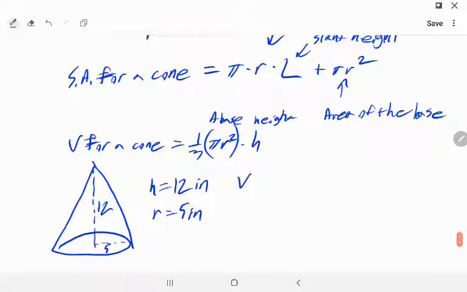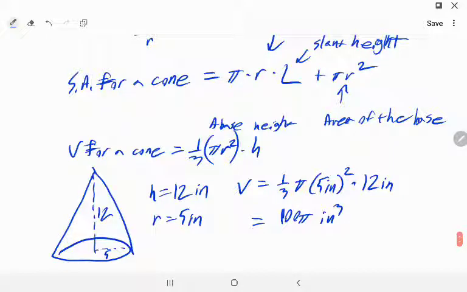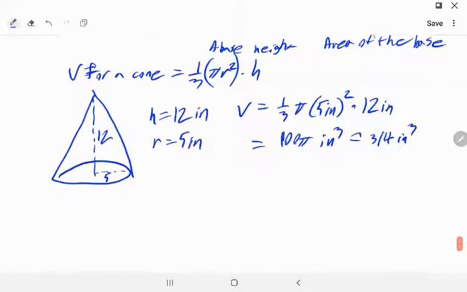The volume is easy enough. The volume is going to be 1/3 pi times 5 inches squared times the 12-inch height. 1/3 of 12 is 4, so we get 4 times 25, which is 100 pi cubic inches, approximately 314 cubic inches.